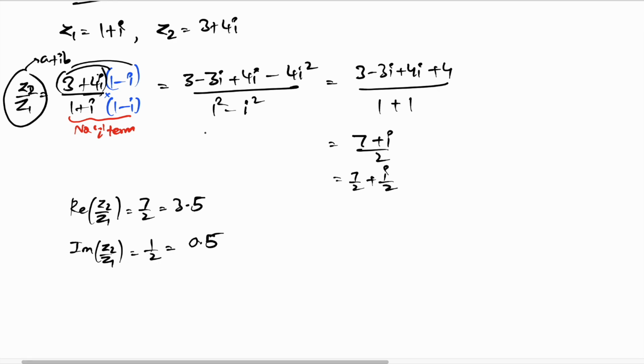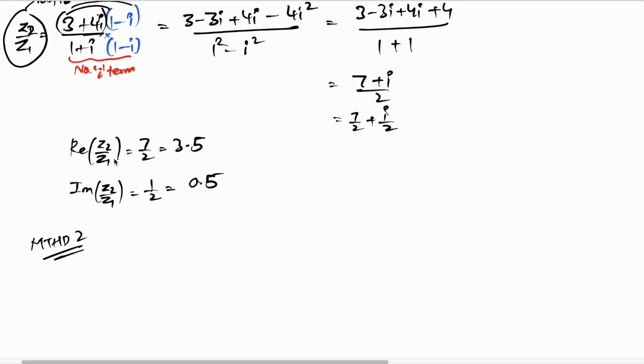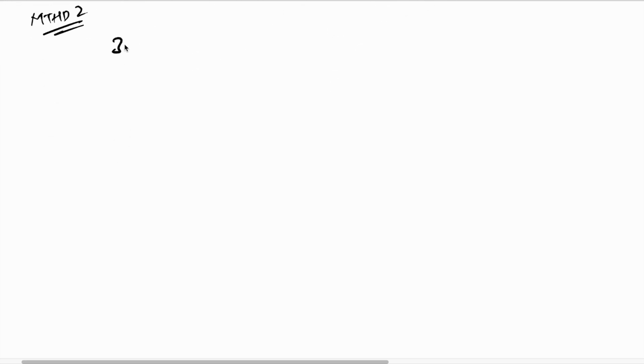Now I'll show you the second method of finding the division of two complex numbers in the form of a plus ib. I'll consider the same example. Method 2: 3 plus 4i upon 1 plus i is equal to a plus ib. I'll assume that the multiplication yields a general complex number a plus ib. So my objective now is to find the constants a and b. For that, I'll cross multiply 1 plus i to the other side.